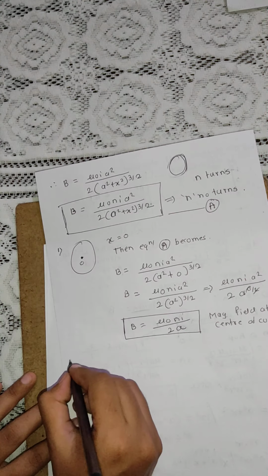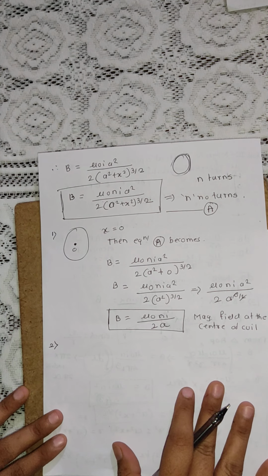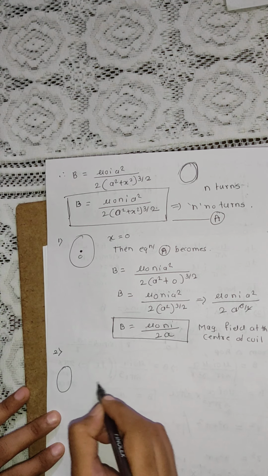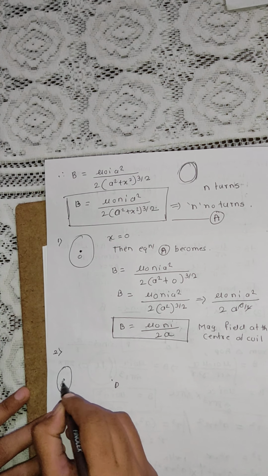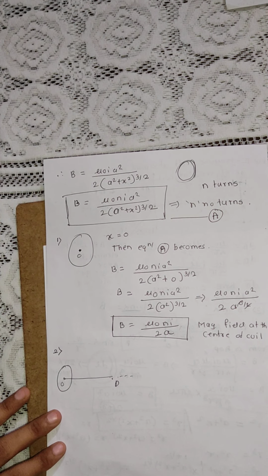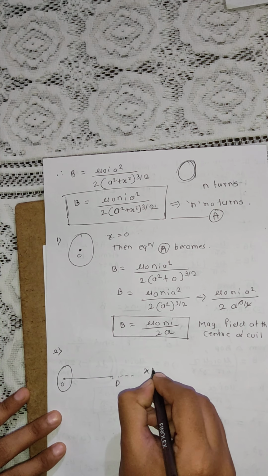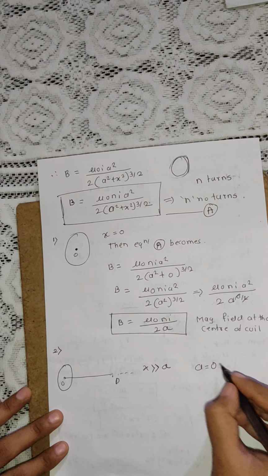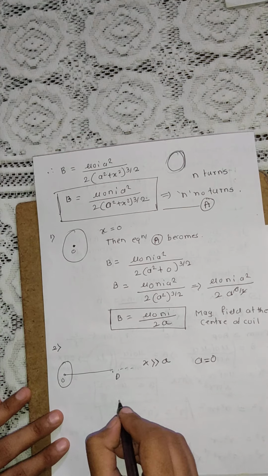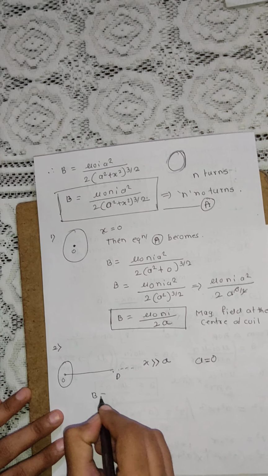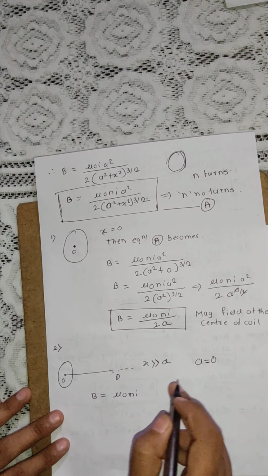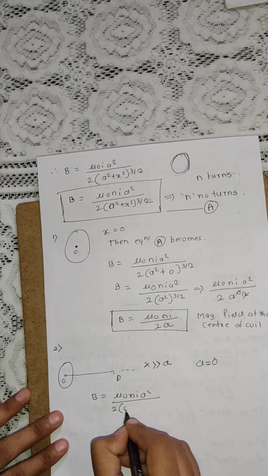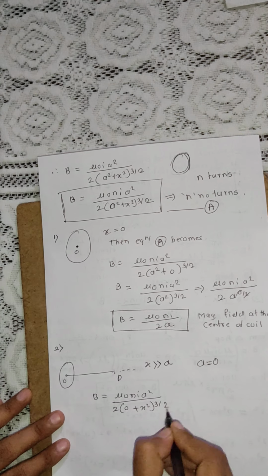Okay, second. If a point P is far away from the center, means x is much greater than a. Means a is nearly equal to 0. Then equation A becomes, substituting the value of a in equation A as 0, 0 plus x square to the power 3 by 2.